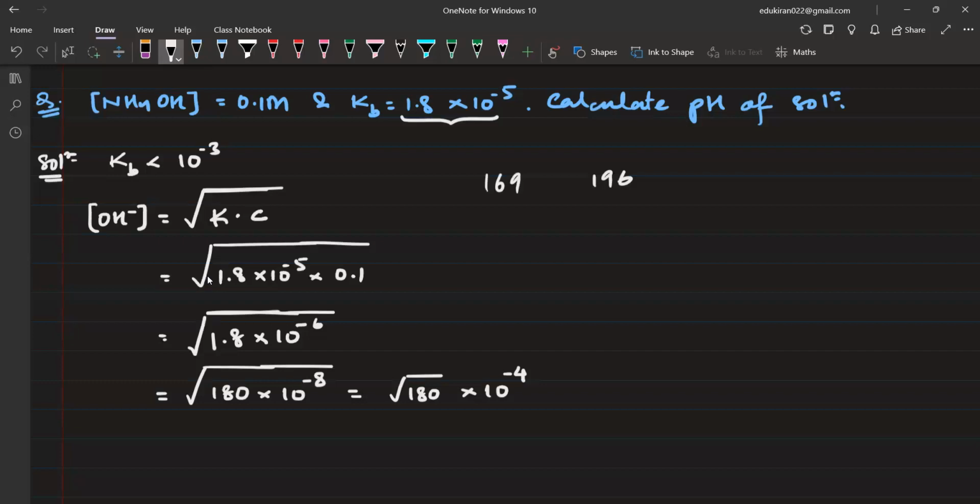So it is somewhere in the middle, है ना? 180, but it is more near to 13, right? It is more near to 13, है ना? ठीक है. So this will be equal to 13.4 कर सकते हैं आप, 13.43 के करीब कुछ होगा, into 10 to the power -4.